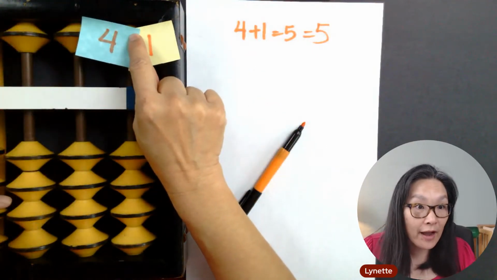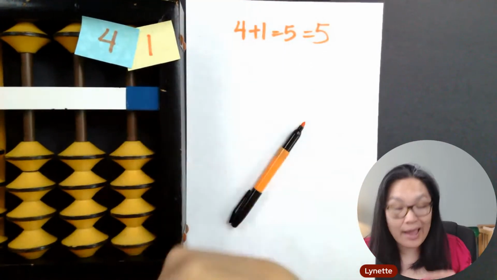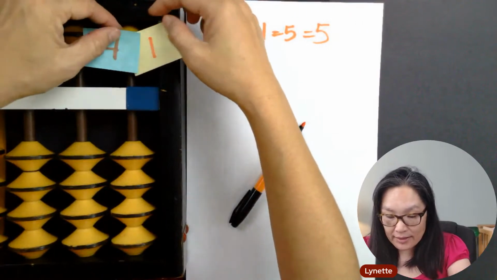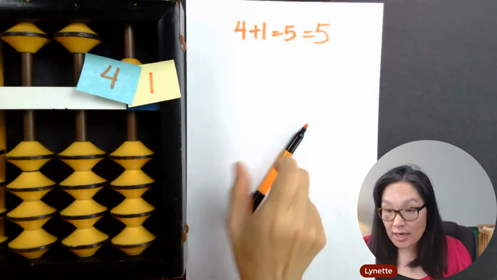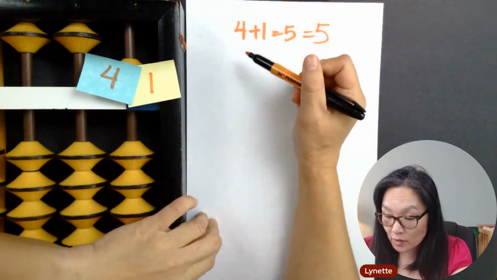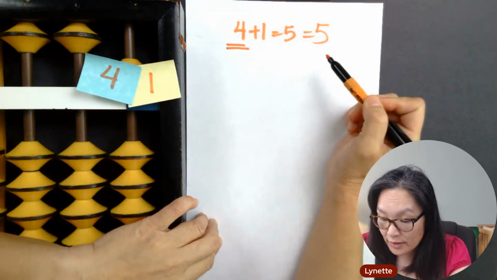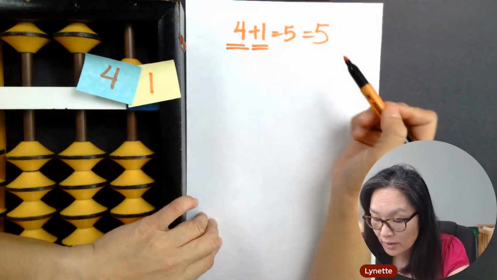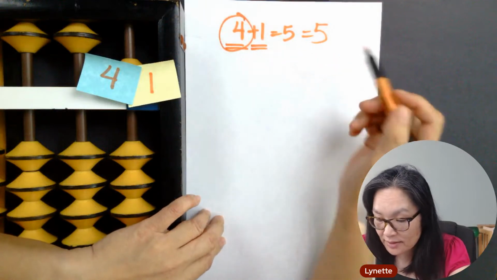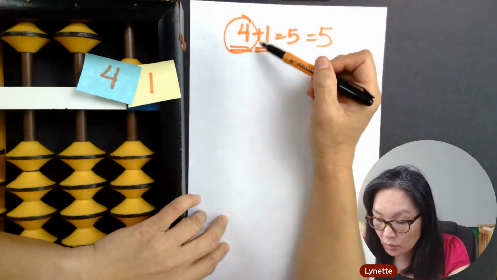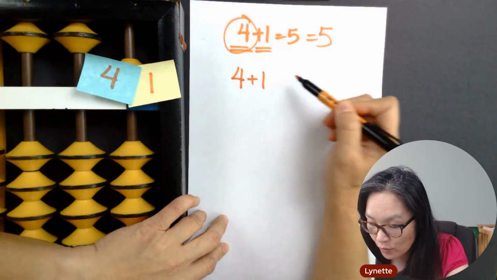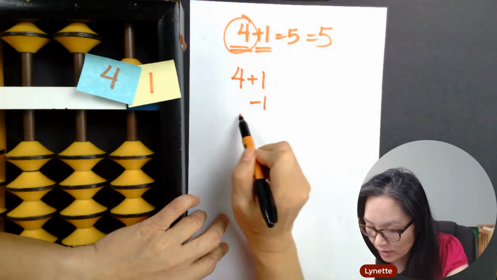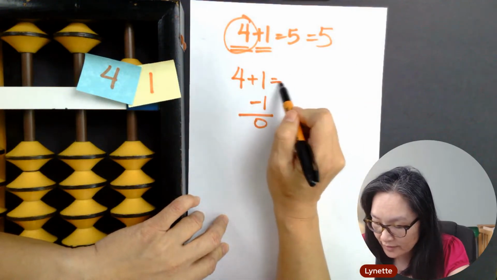But to use the 5 bead, we need to add it. So when we add 5, it's like this. All right, stay with me. We are going to move this 1, and we're going to keep this 4 here. So what happens, we actually have to add the 4, we have the 1, but then we have to minus the 1 to make it 0, right?